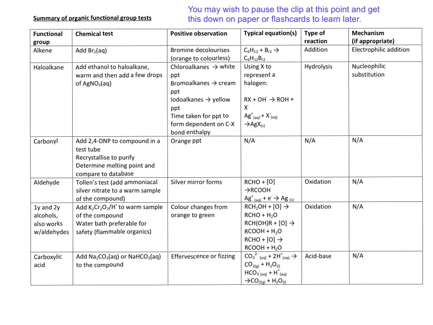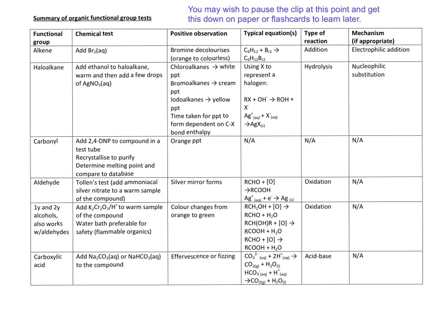So before we look at any of the exam style questions, it might be worth pausing the clip and getting all of these tests down on a piece of paper, or maybe each test on a separate flashcard, so you can go away and learn them a little bit later. So what I've done is, where it's not necessary to know the equations or the type of reaction perhaps, or the mechanism indeed, I've just put not applicable or N/A.